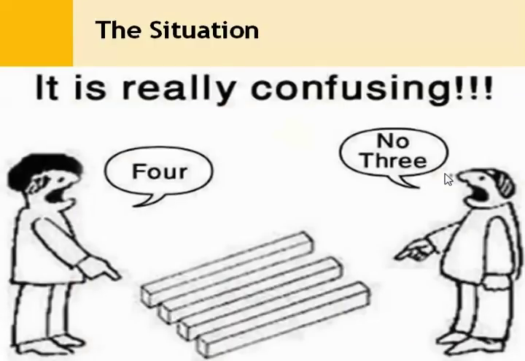The third aspect of perception is the situation. كل perception لأي target بيحصل في situational context. If we look at this picture, you will see someone on the right and someone on the left. The one on the right sees that in front of him there are 3 sticks, yet the one on the left is seeing that there are 4 sticks.